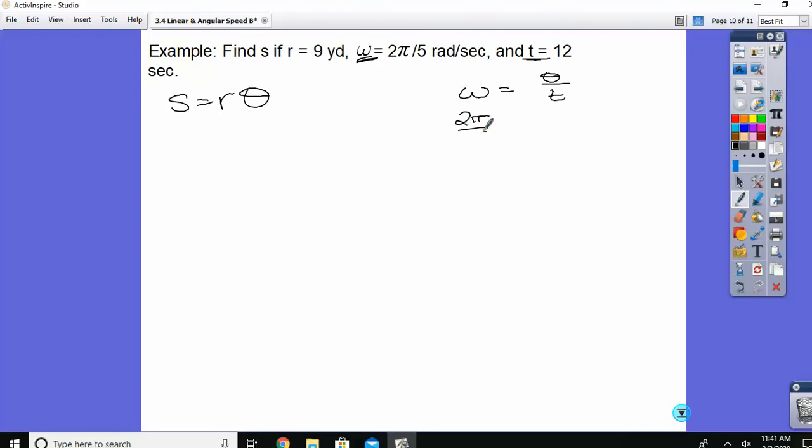Two pi over 5 equals theta, which I don't know, divided by time. Again, make sure those units, this is seconds and that's seconds, so I'm okay. Multiply over my 12. I get theta to be 24 pi over 5. So now S equals R theta.